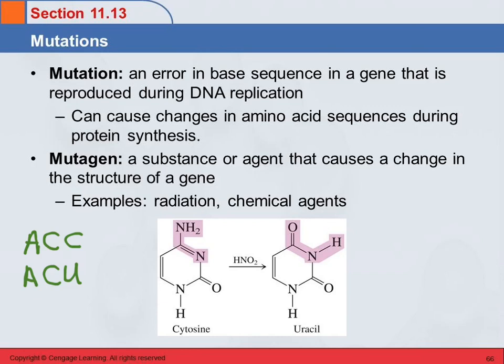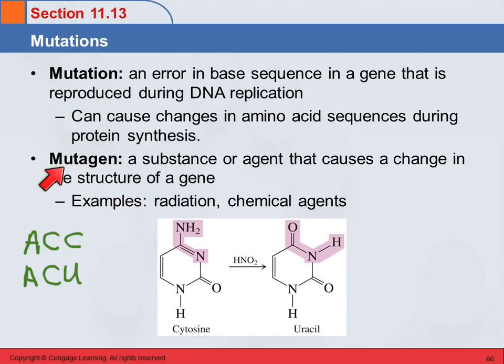If you had a mutation where this C was changed for a U, it wouldn't end up affecting the protein at all, right? Because it's still coding for the same amino acid, even though there's a mutation there. So sometimes mutations have very serious consequences. They can cause death. Sometimes they cause mild consequences, or sometimes no consequence at all.